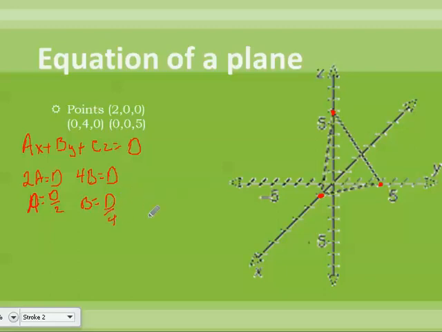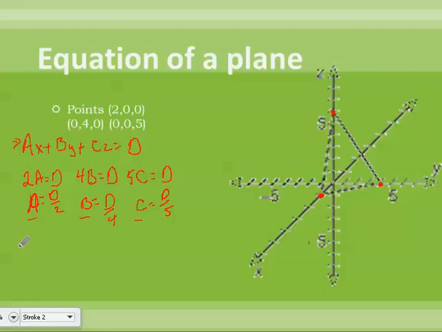I'm going to stick 0, 0, 5 in there, and I'm going to get 5c is equal to d. And if I divide by 5, I'll get c is equal to d over 5. Now I've got values for a, b, and c that I can stick back into this equation right here.